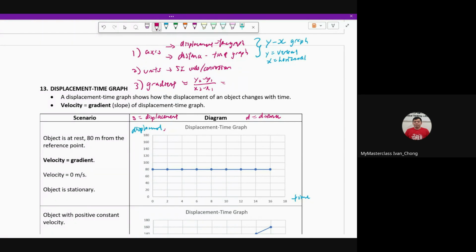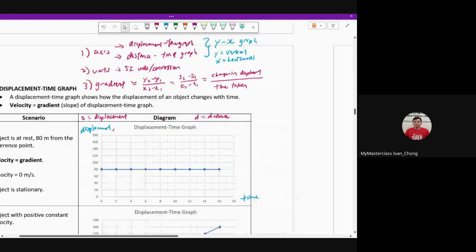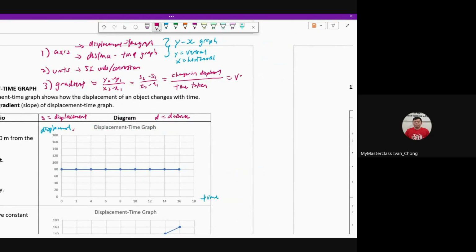We just clean this up. So it's s2 minus s1 over t2 minus t1. You notice this is your change in displacement over your time taken. So displacement over time will give us velocity.